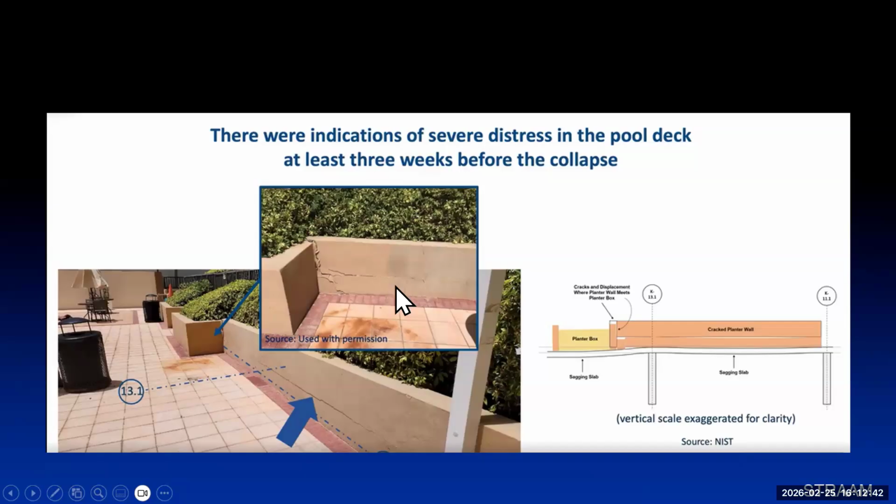And if you are doing a visual inspection, there are tiny signs that you have to be aware of. On the left-hand side, where the blue arrow is, there is a horizontal crack. And the crack was caused by the pool area displacing, with the effect that it created an extra stress in the columns, which you saw collapsing there.